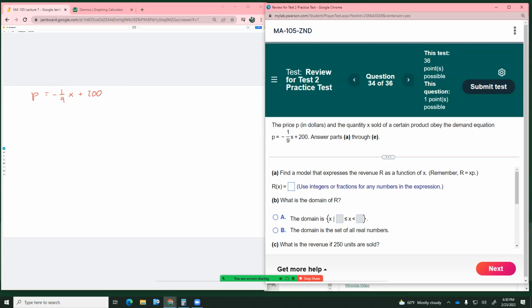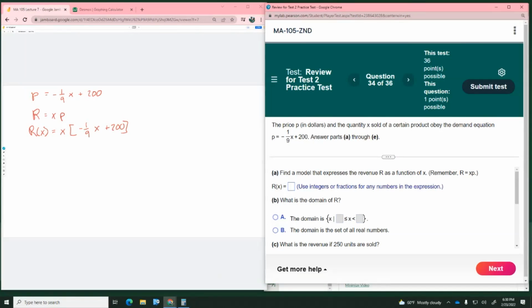All right, find a model to express revenue as a function of X. So we know R is equal to X times P. So a revenue function, R of X, will be equal to X times (-1/9 X plus 200). This is what we talked about last week. I'm just replacing P because that's the thing I don't want.